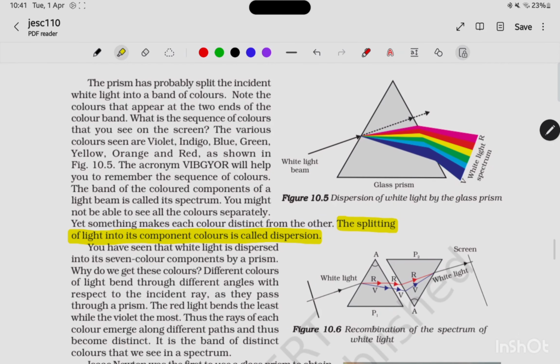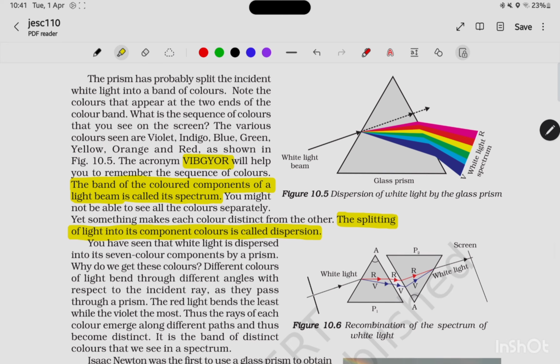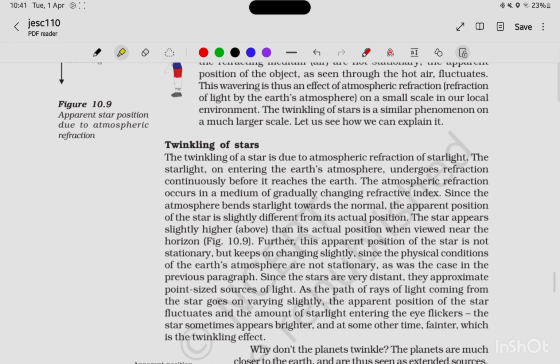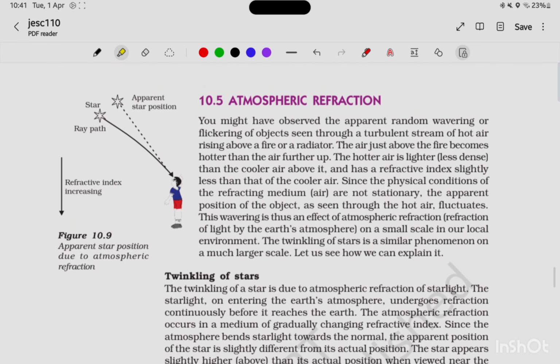There are many important points, and also remember this one: the band of colored components of a light beam is called its spectrum. You might also be asked about the spectrum, so know that. Let's continue with atmospheric refraction. There are only 2 more pages left as I remember it.